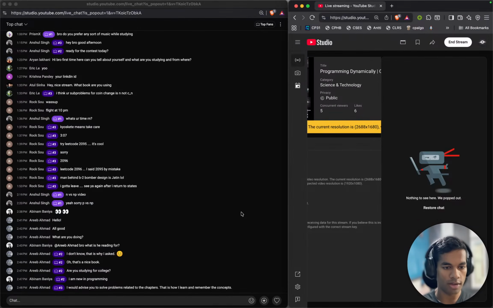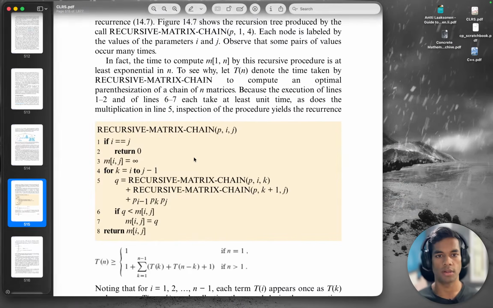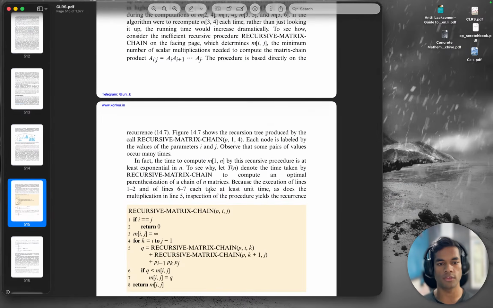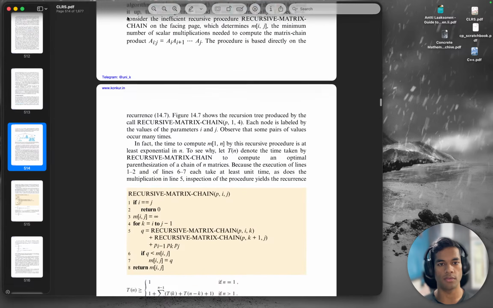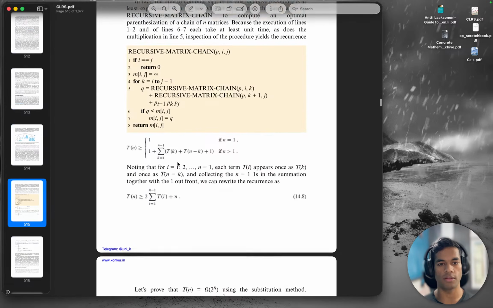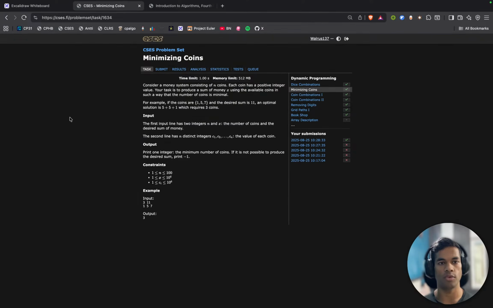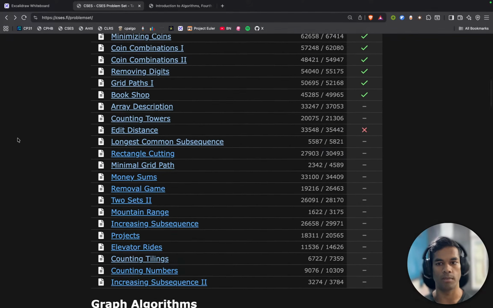Are you studying for college? I am new in programming. I would advise you to solve problems related to the chapters. This is how I learn and remember the concepts. Yes, that is also what I do. I've solved a few dynamic programming questions, and when I've read this whole chapter, I will go to CSES and I will be solving a few questions there on dynamic programming.